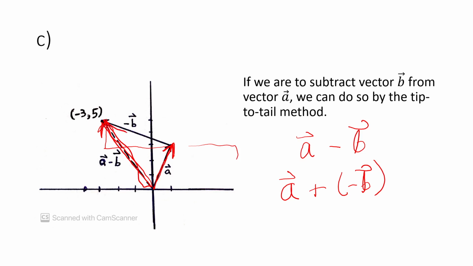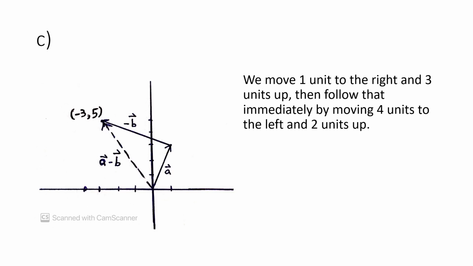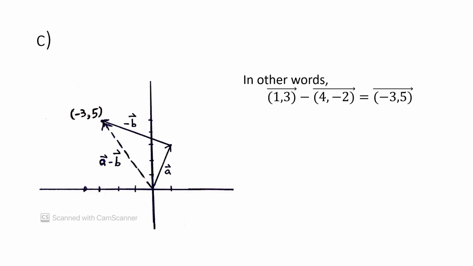Well, rather than having to count squares, as we said, it would be good if there was a more convenient way of just looking at the numbers. And perhaps it's no surprise to you that there is such an easier way of doing it. The net effect is, like it says there, move 3 units to the left and 5 units up. But what we can do is simply determine 1 minus 4, which will be negative 3, and then determine 3 minus negative 2, which will be positive 5.